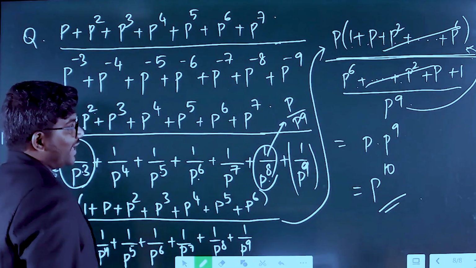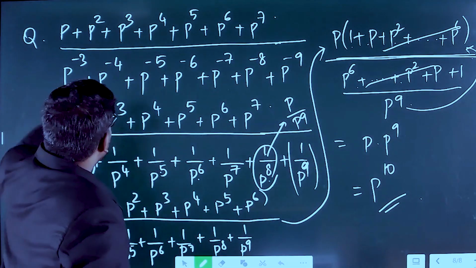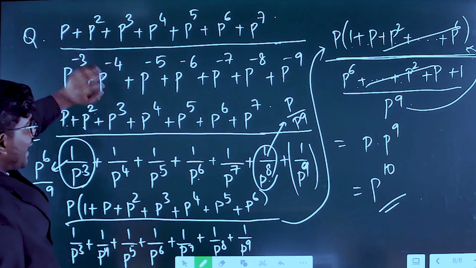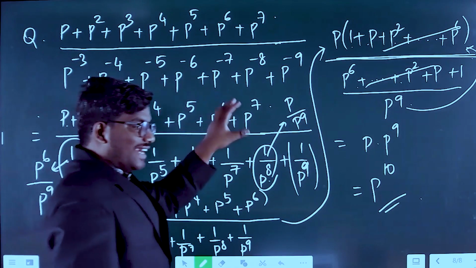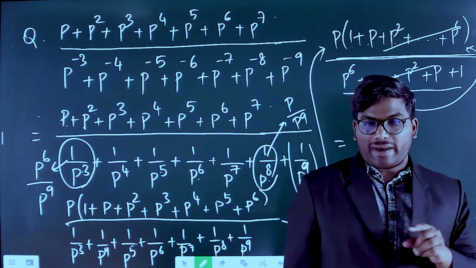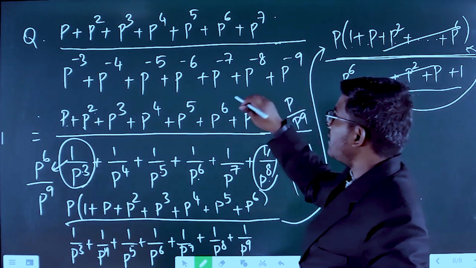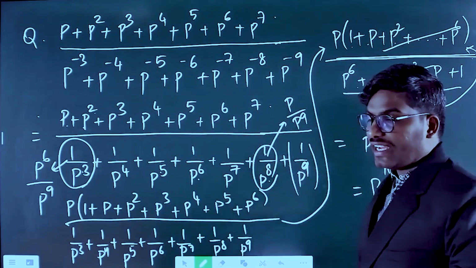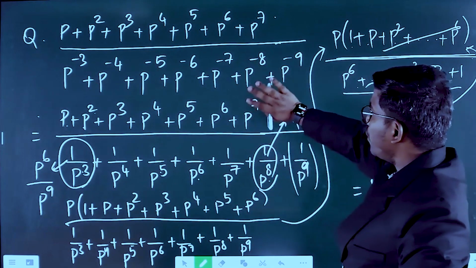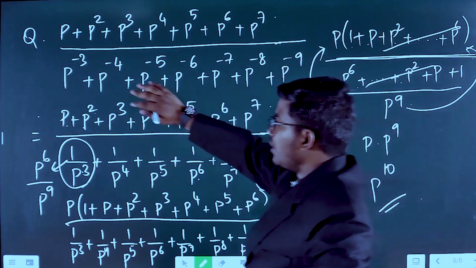Alright, be attentive, I'll explain this again. First of all, we will write the numerator as it is, and then in the denominator whatever negative powers we have, p power minus 9, p power minus 8, all of these things we will write as 1 by p power 9, 1 by p power 8, 1 by p power 7 and so on, 1 upon p cube.